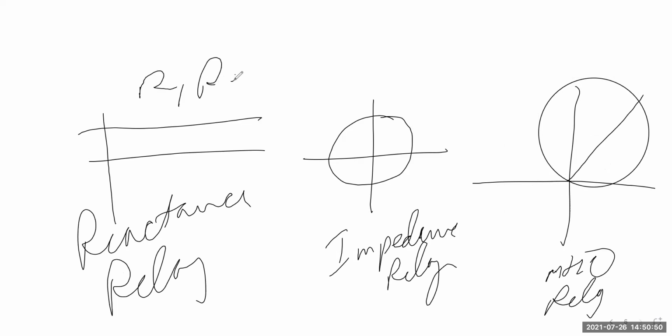The mho is used for both reactance and resistance. This is your distance, where this quadrant will not operate. This is your Z. It is bounded: this is the operating unit and this is your non-operating unit. So these are the three different characteristics. Okay, so let's rejoin this.